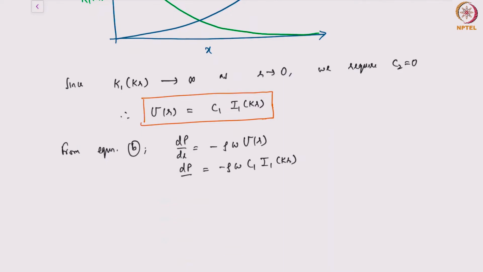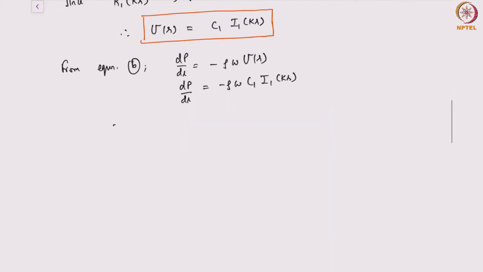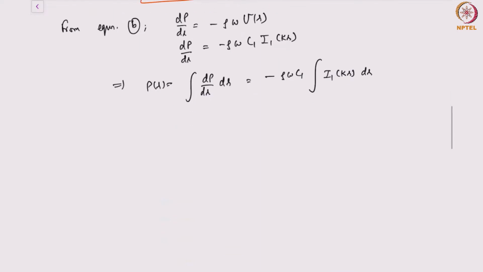That's dP by dr. And therefore I get P of R would be obtained by integrating dP by dr, and this would be minus rho omega C1 integral of I1 of KR dr. Right? But we use a well-known result.